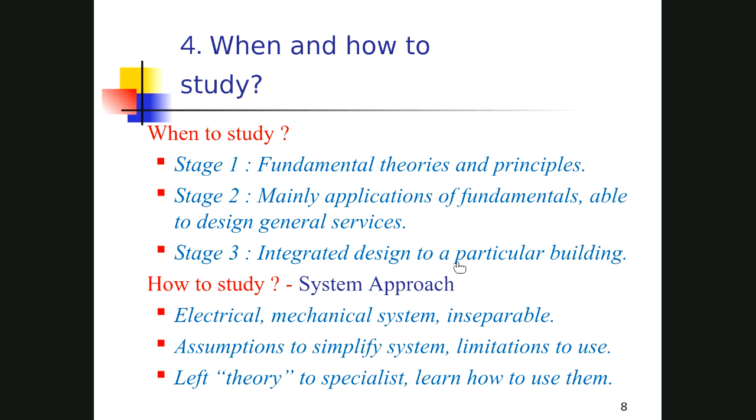In that case, giving examples of buildings to our students, you are grouped together to design whole systems for the buildings, including the water supply systems, air conditioner systems, and the electricity supply systems. That is stage three. So after graduation, you are able to design the building systems for a given building. You will be directly able to work on the projects.